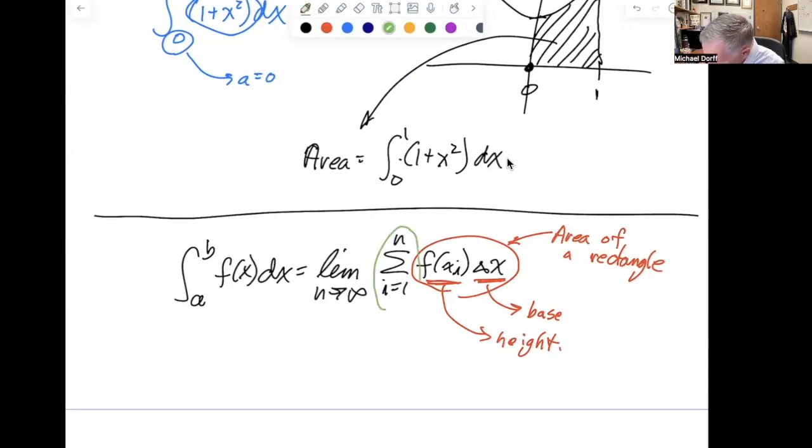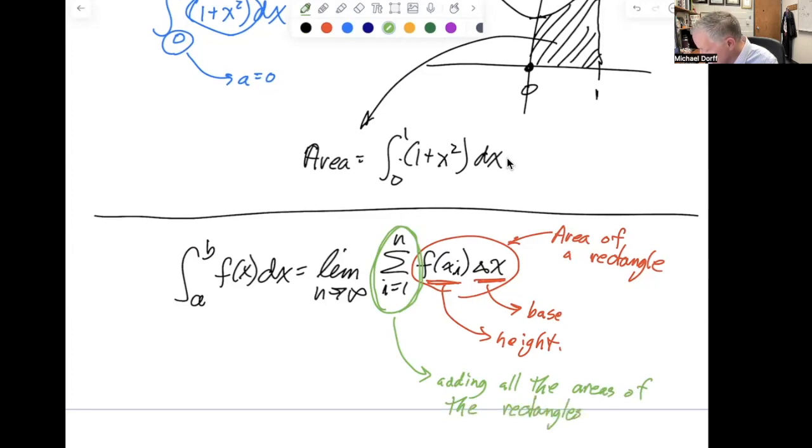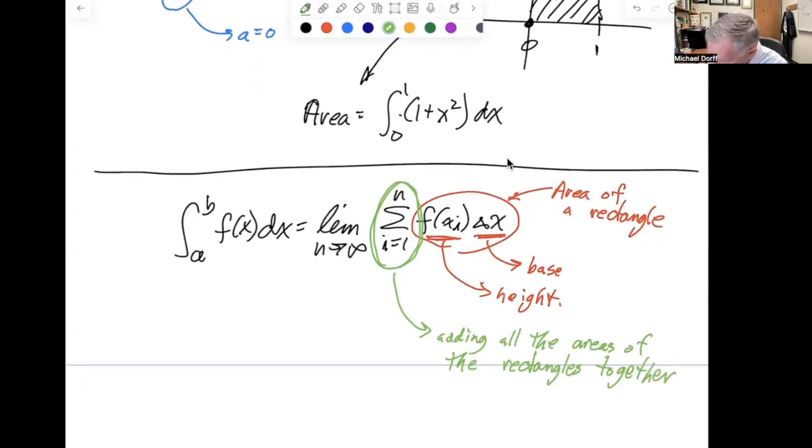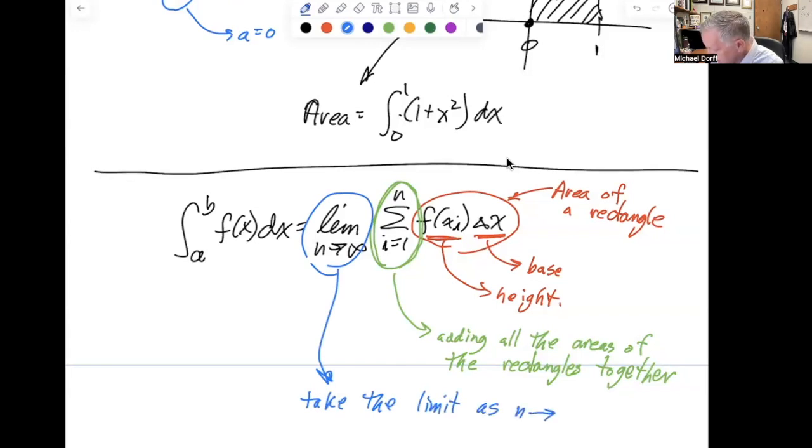Then this summation here is adding all the areas of the rectangles together. That's what the summation sign does. And then the last thing is we take the limit as n goes to infinity.